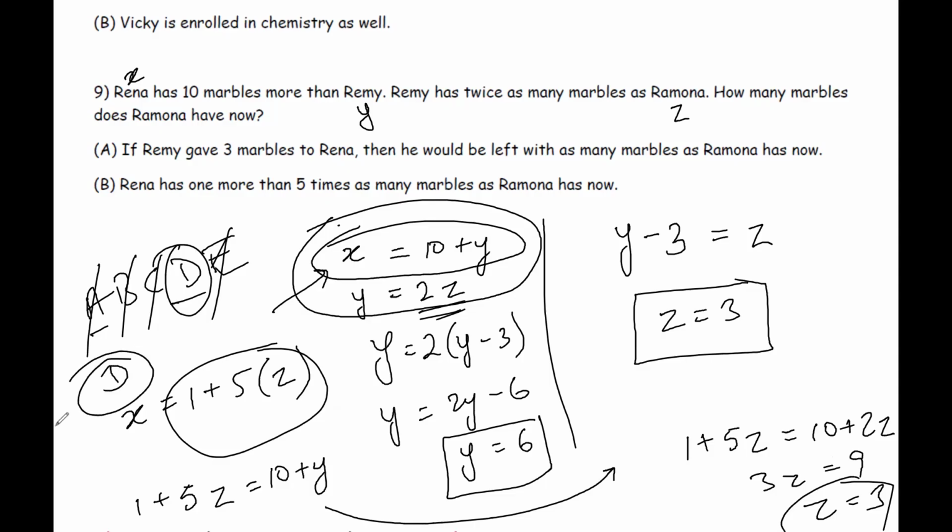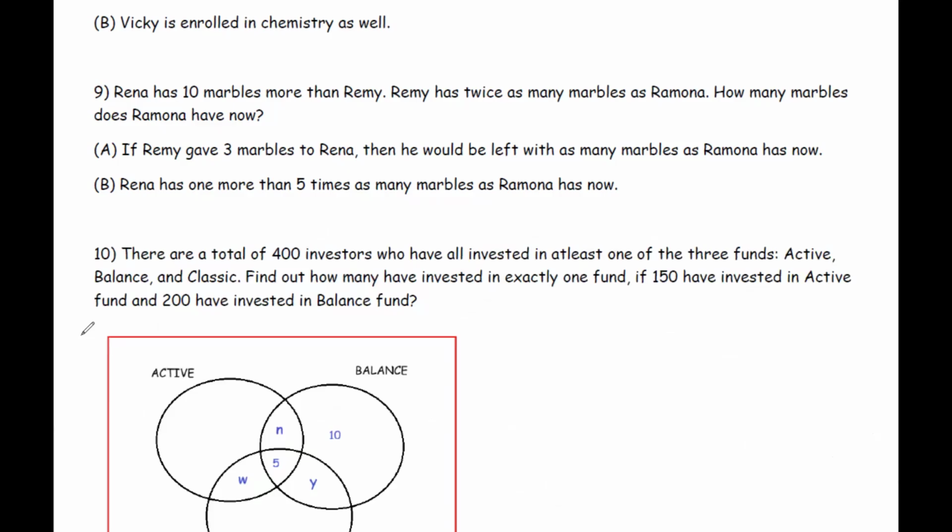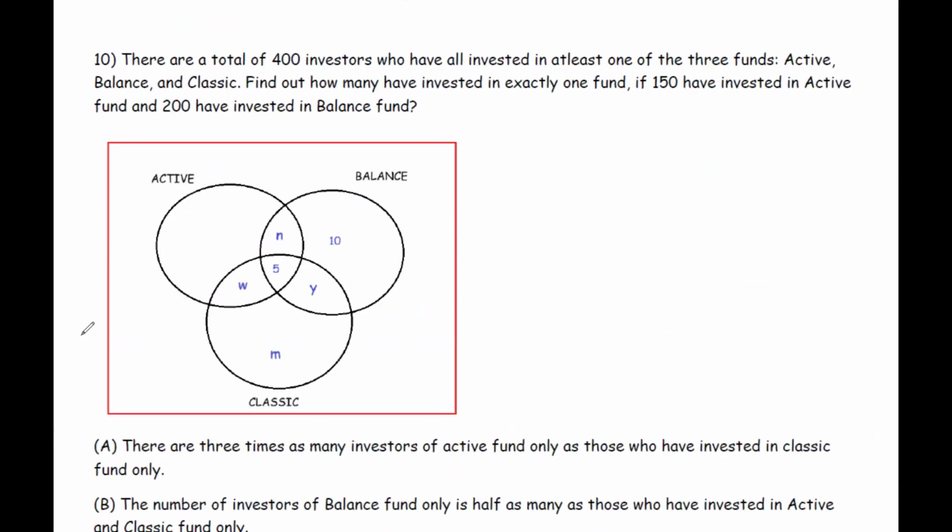Okay. Last one. Right. There are a total of 400 investors who have all invested in at least one of the three funds: active, balance, and classic.